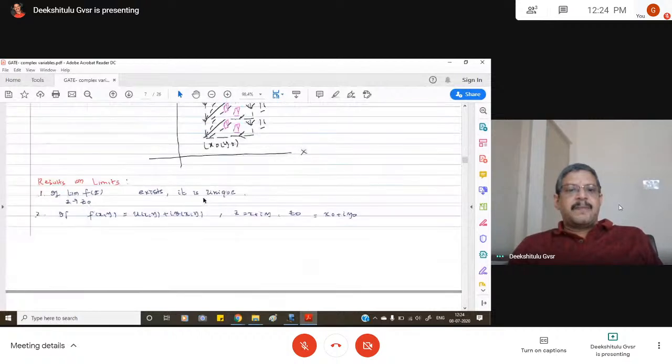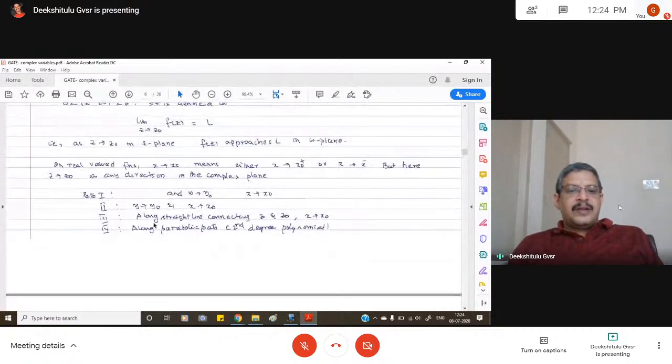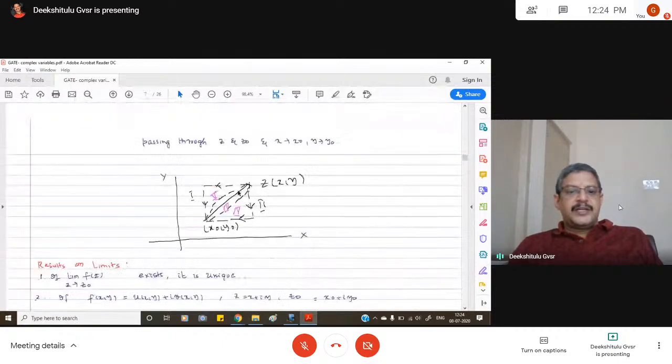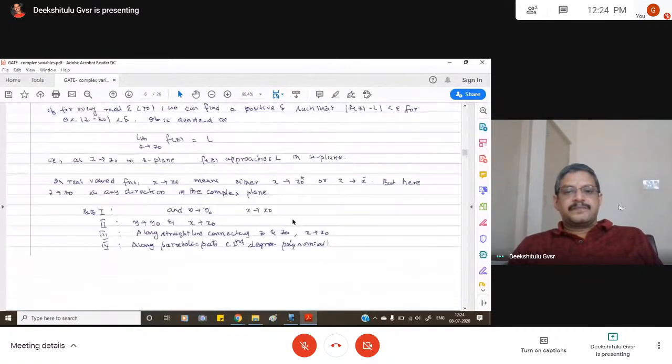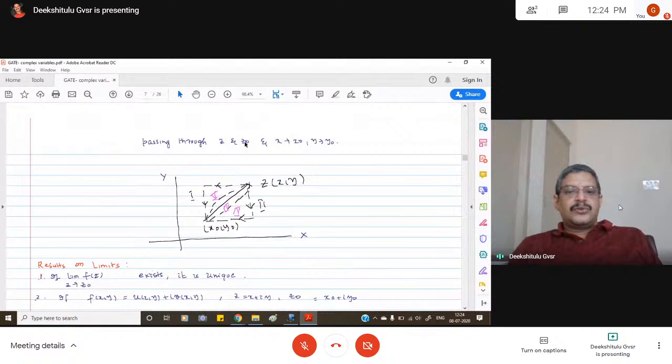The third one is along the straight line connecting z and z0, and then x approaches x0, so y obviously goes to y0. Along the parabolic paths, that means second degree polynomials passing through these two points, you can draw a parabola like this, or like this, and the point slides along the parabola connecting these two points, z and z0.